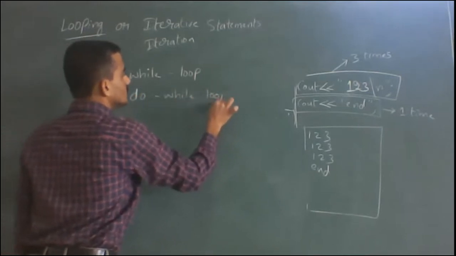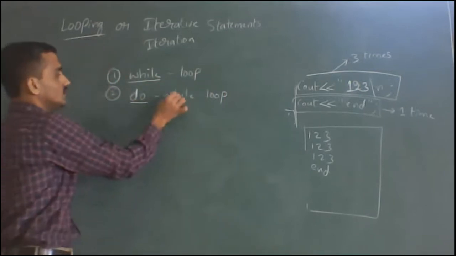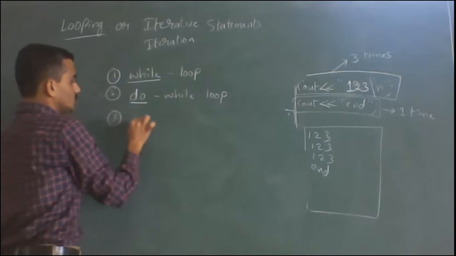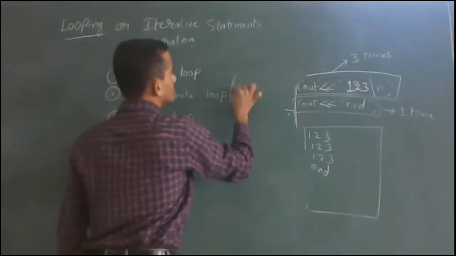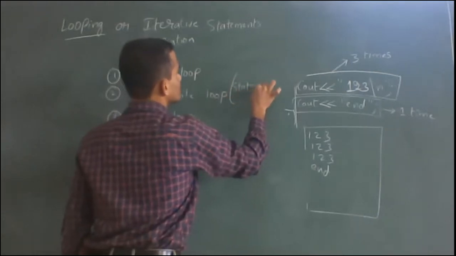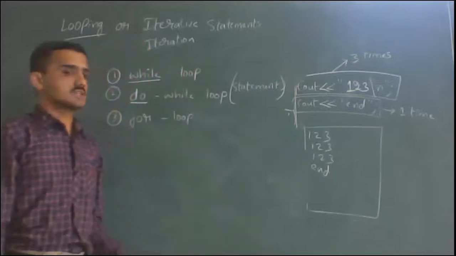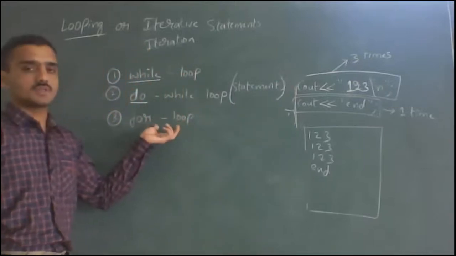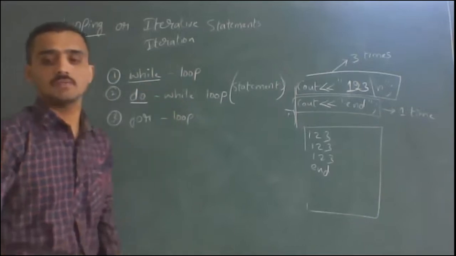Here do is a keyword, and while is also a keyword. The third one is called the for loop. We can also call them while statement, do while statement, or for statement. You can use the word statement or loop. Now we will discuss them one by one.